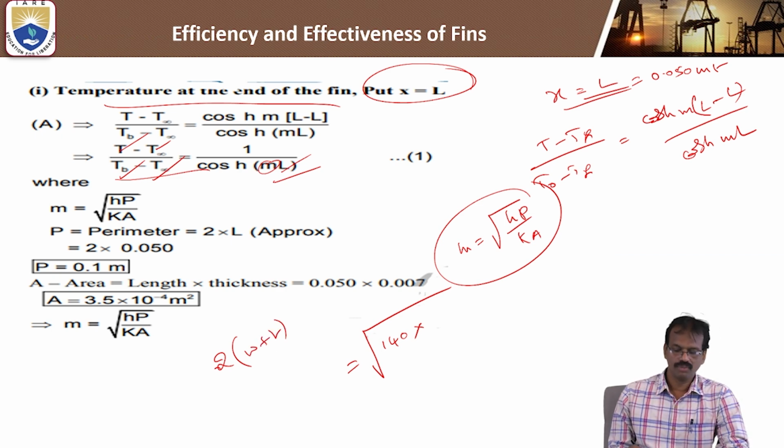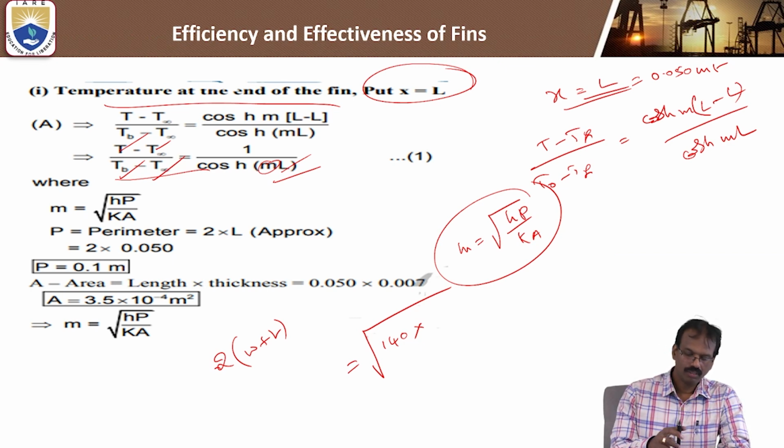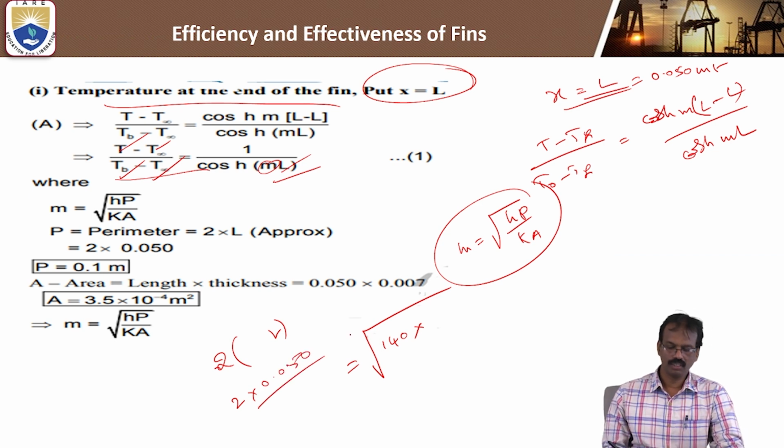Here width is not given, so you can take length directly. So 2 into L, 2 into 0.050, so we can take like this.